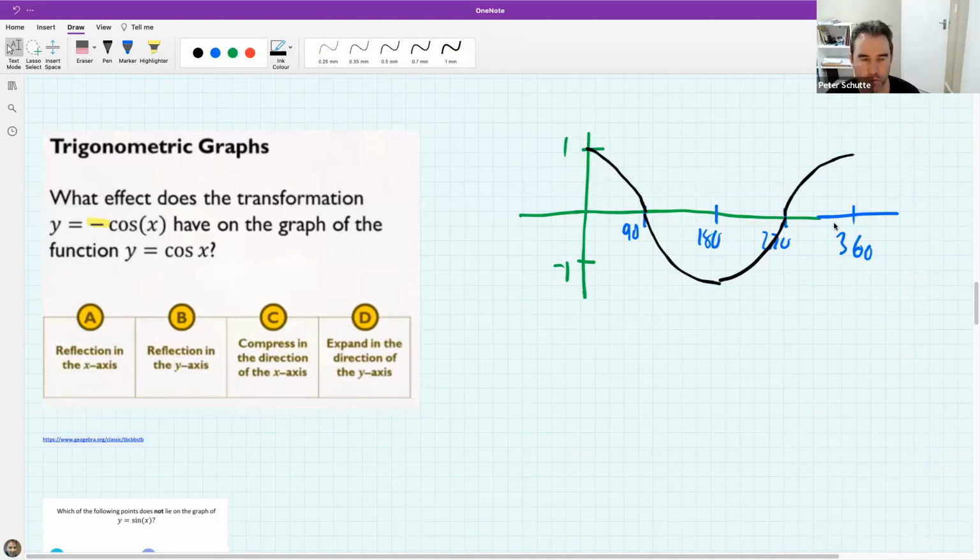I always think the easiest way to do it is to use your calculator just to check. And we're going to talk about calculators in the next lesson. But if you put in, sorry, not 90, let's put naught, y equals minus cos of 0.